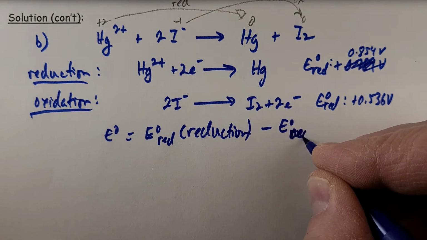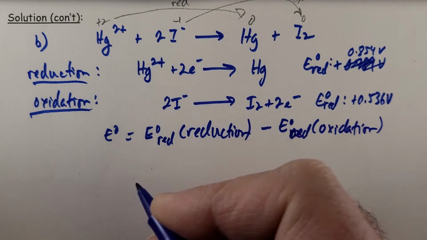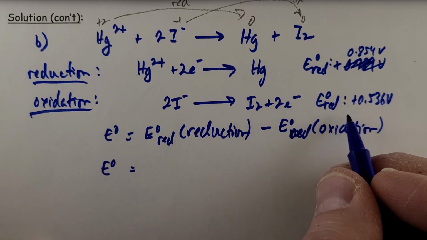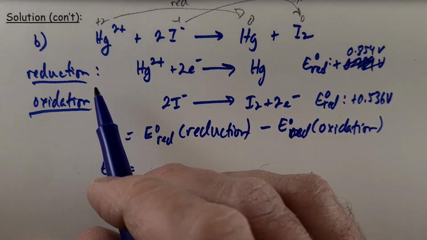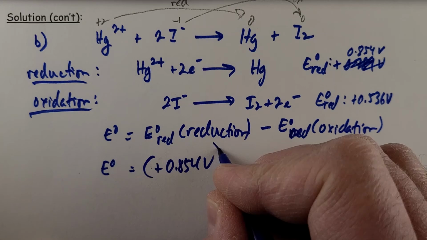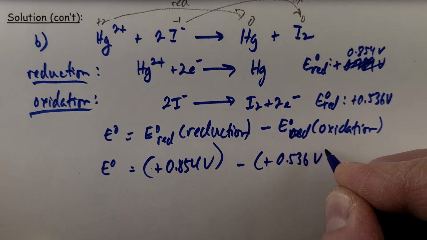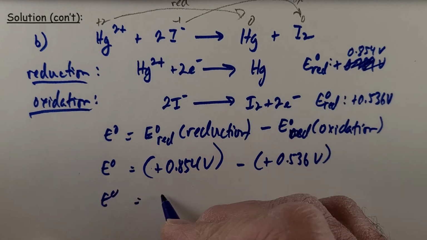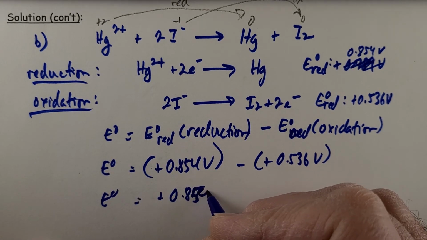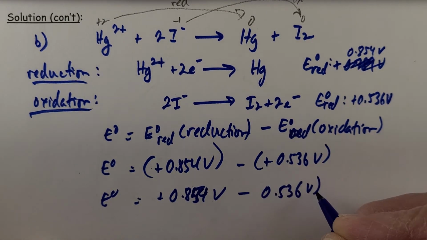Reduction potential where there's oxidation. So we have plus, where's our reduction? There it is. Plus 0.854 minus plus 0.536.